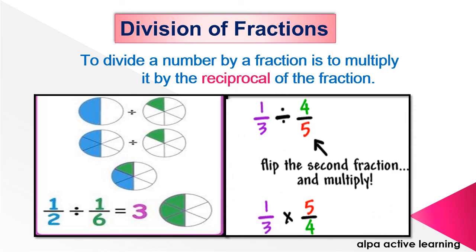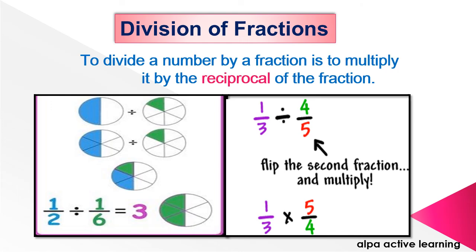So what rule do we have to follow? Remember, if you have a fraction 1 upon 3 divided by 4 upon 5, the first is keep the first fraction as it is. 1 upon 3 has to be kept as it is. Second is change: division will change to multiplication. And third is flip: the reciprocal of 4/5 has to be written.